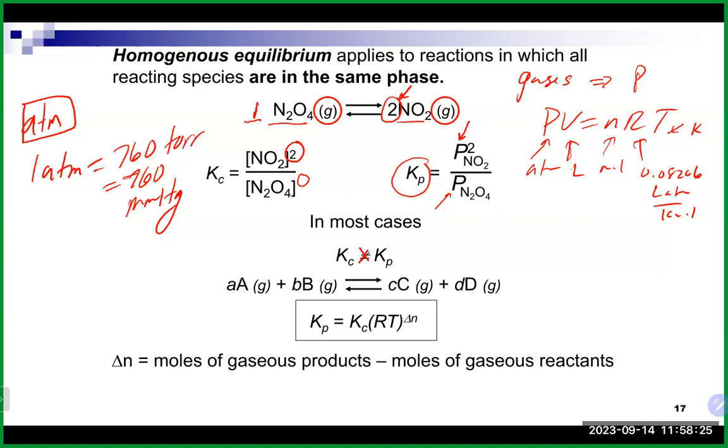Now, in a lot of cases, the Kc value and the Kp value will not necessarily be the same numerical value, but they will tell you the same thing. So if I have a large value of Kp, that means I should mainly have products, because the only way to have a large value of Kp is to have a lot of gases on the product side creating a lot of pressure.